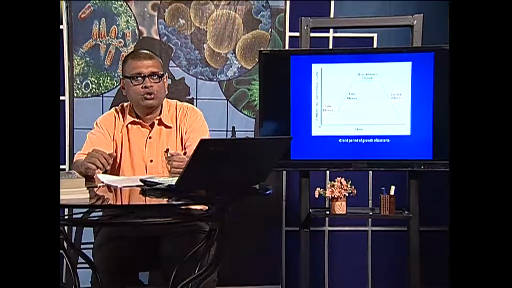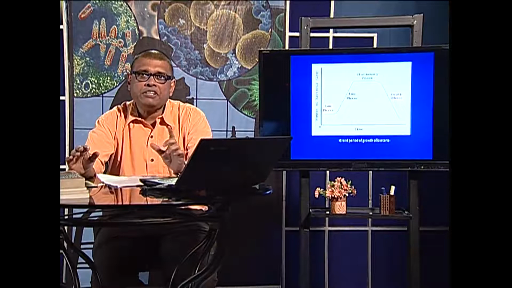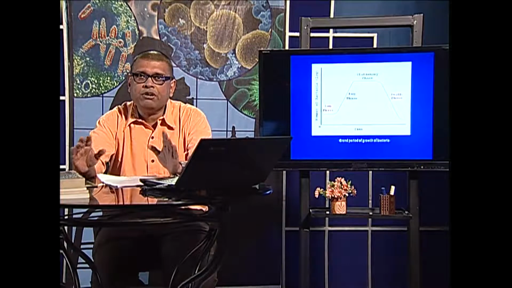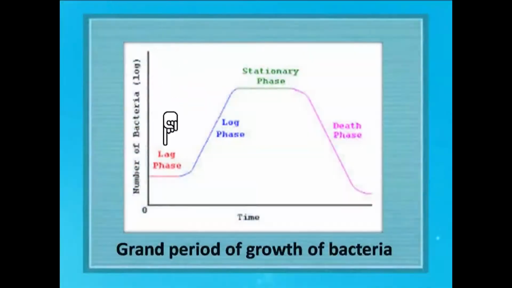It is very important that this fermentation is carried out by microbes. Mostly it is bacteria, and at the same time it can be fungi or molds. Now, when it is bacteria, as we know, the grand period of bacterial growth is divided into four major phases, namely the lag phase, in which the organism is starting to grow. Then we come to the log phase, where the organism is showing exponential growth.